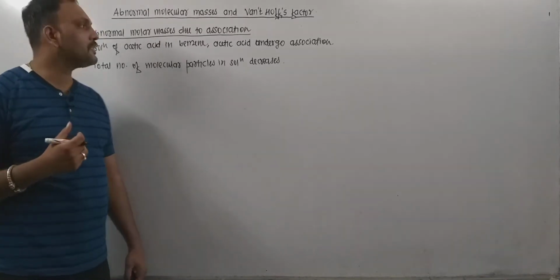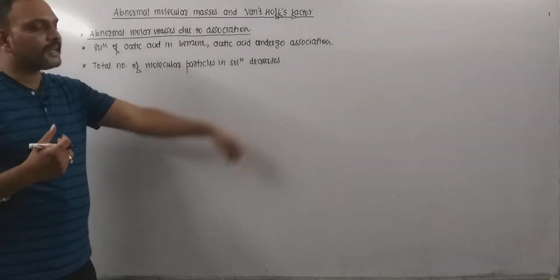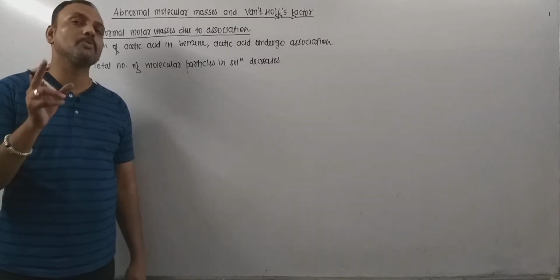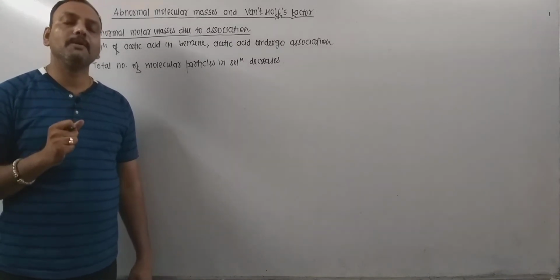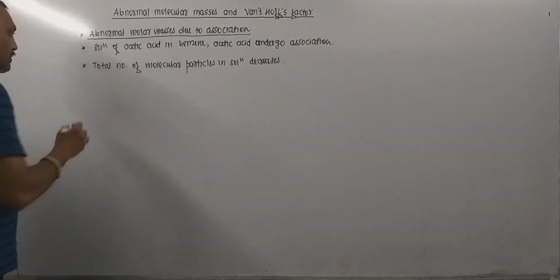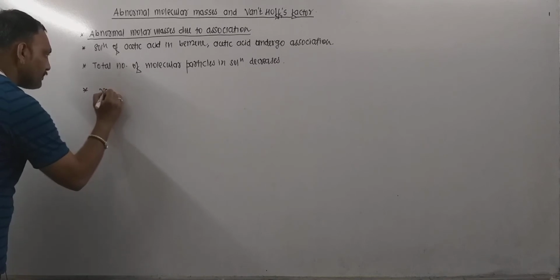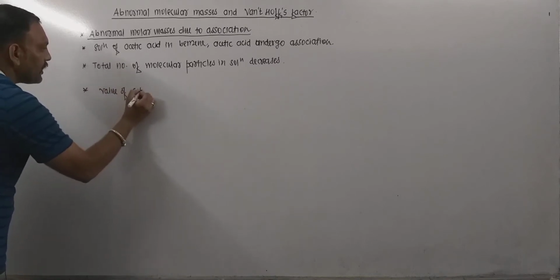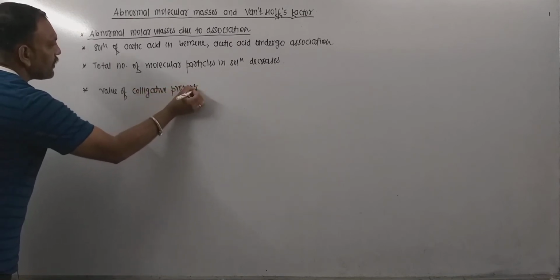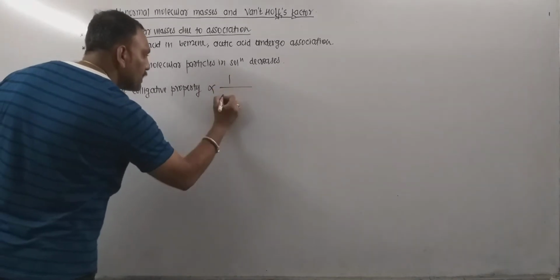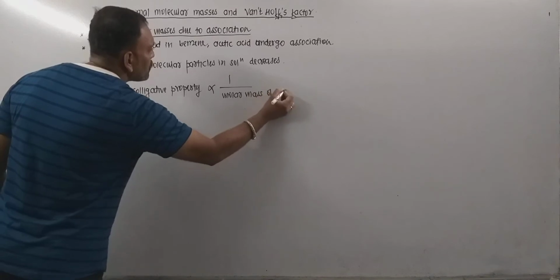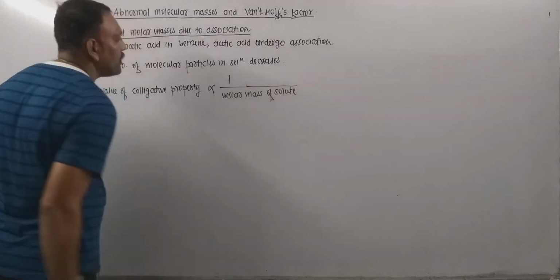Thus, due to association, if number of molecular particles decreases, then no doubt value of colligative property also goes on decreasing. And remember, value of colligative property is inversely proportional to the molecular mass or molar mass of solute used in that solution.